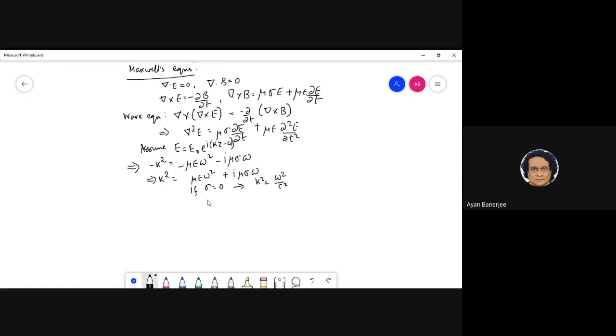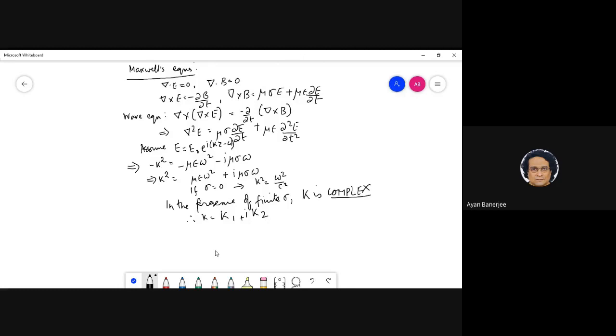That means that in the presence of finite sigma, k is complex. That is very critical, and that means k is some k1 plus i k2.